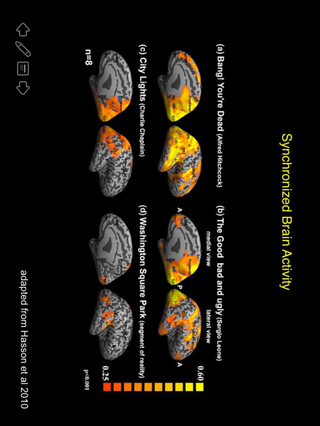There are no fancy cuts, no director moving your attention to particular things by zooming in on a face versus a particular actor. This is just a segment of time from one day in Washington Square Park. And what you see is that there's very little cortex that's similarly activated across subjects. So this goes back to moving towards a more ethological stimulus.